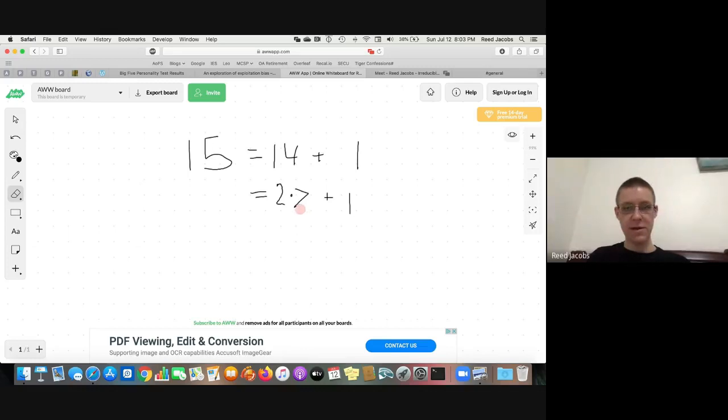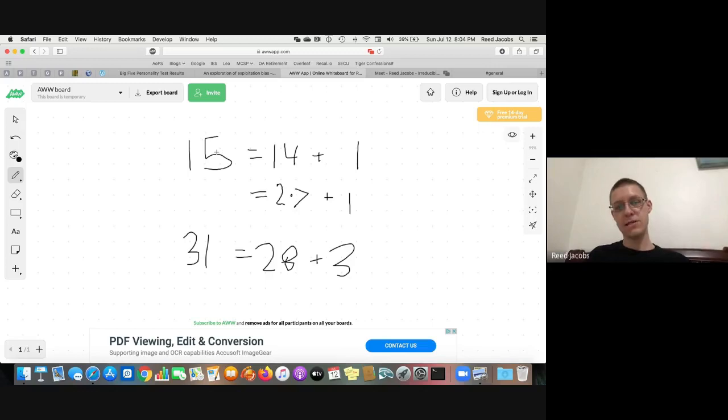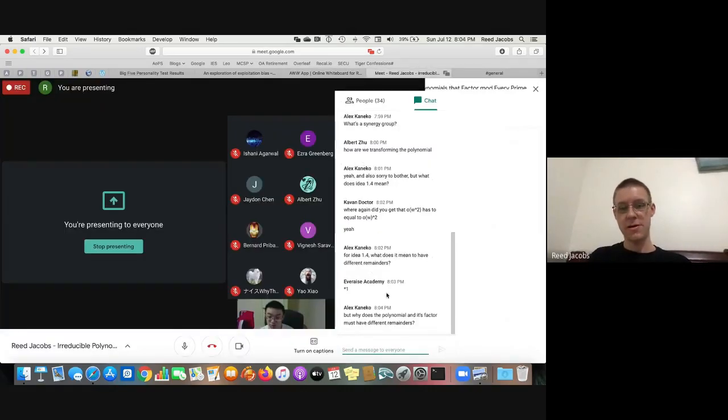It's impossible to fit any copies of 7 into 1. So we say that 15 has remainder 1 when divided by 7. For another example, if we have 31 and divide it by 7, well, 31 is 28 plus 3. 28 is 7 times 4, and you can't fit any 7s into 3. So 31 has remainder 3 when you divide it by 7. In general, if I write a number as a multiple of 7 plus something smaller than 7, the thing that's smaller than 7 will be its remainder. That's what remainders are. Does that help?